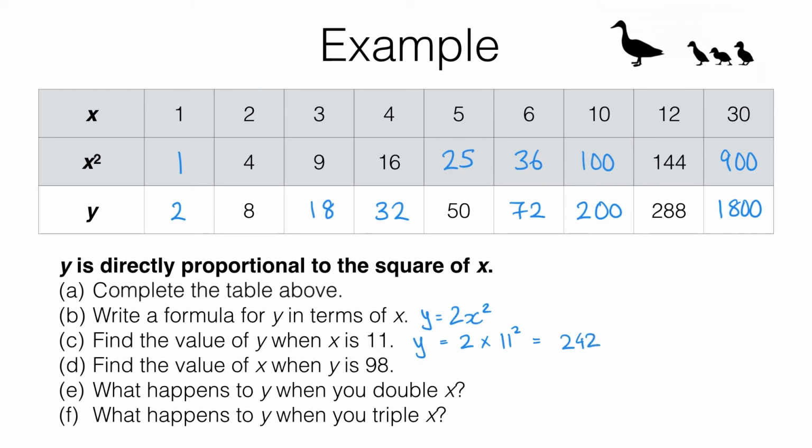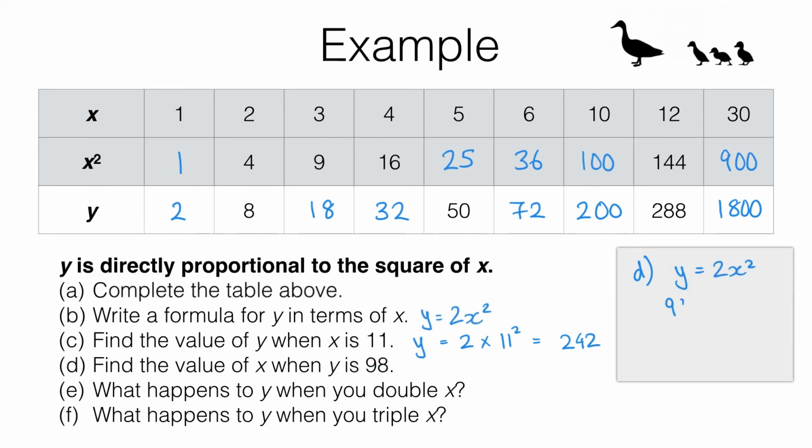Moving on to question D. We need to find the value of x when y is 98. Well, let's substitute y equals 98 into this formula. I'm just going to do the working off to the side here. We know the formula was y equals 2x squared, and we want to find the value of x when y is 98.